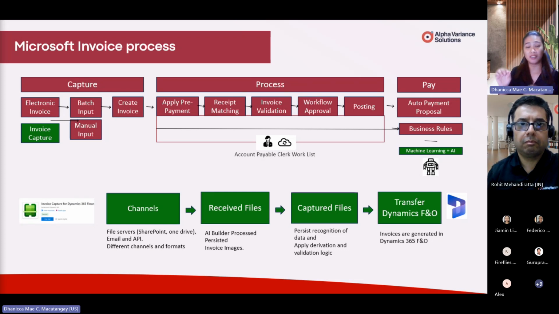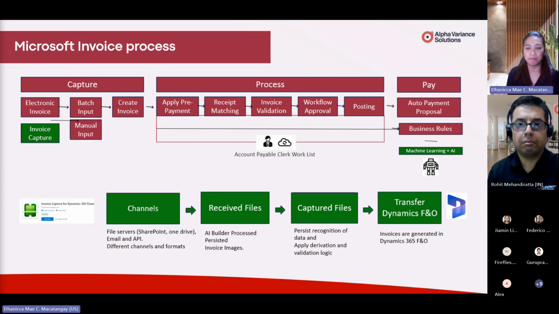Those received files are processed by the pre-built model, the AI Builder model that is pre-built inside the invoice capture application. And the good thing is that in the initial version of OCR, we only have one pre-built invoice model. Later on, I will show you what else we can use if we have more complex scenarios, more complex invoices from our vendors.